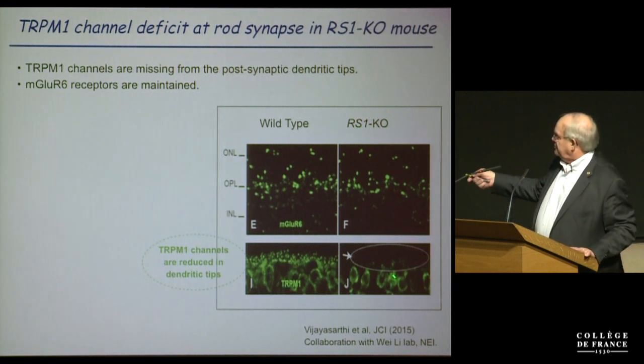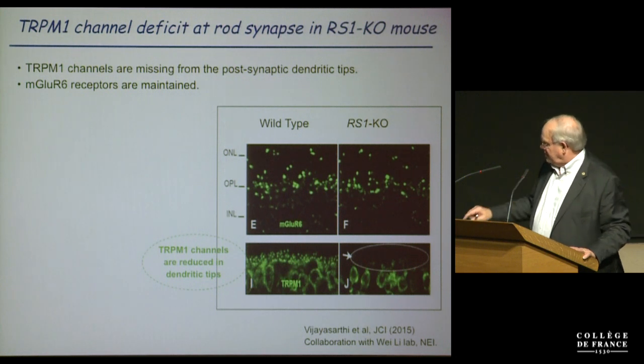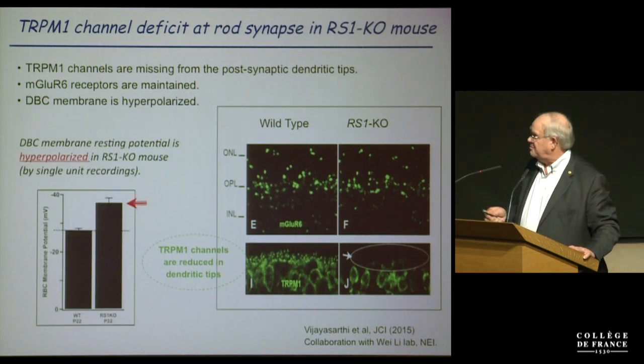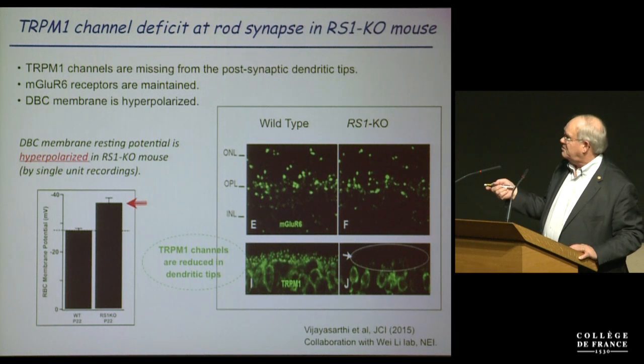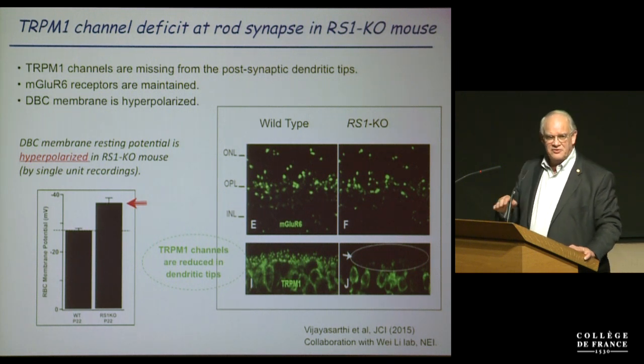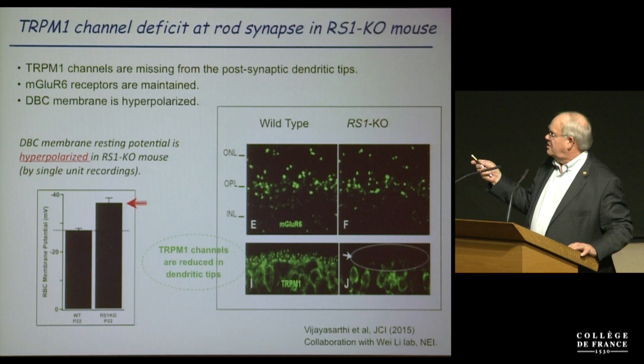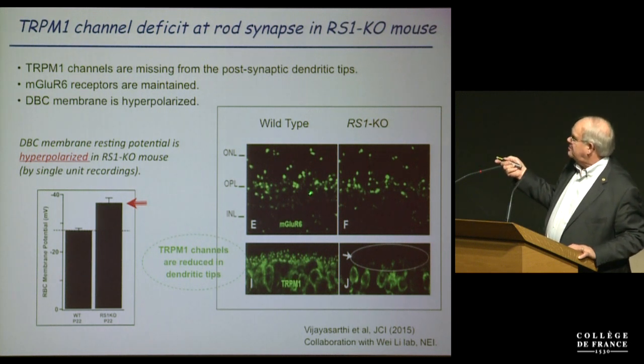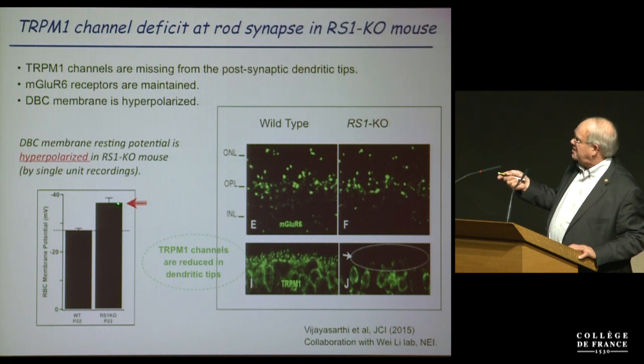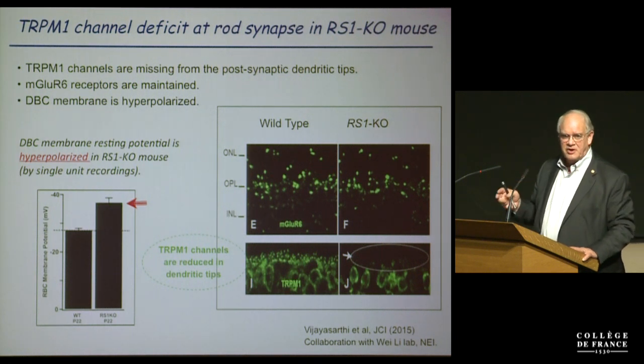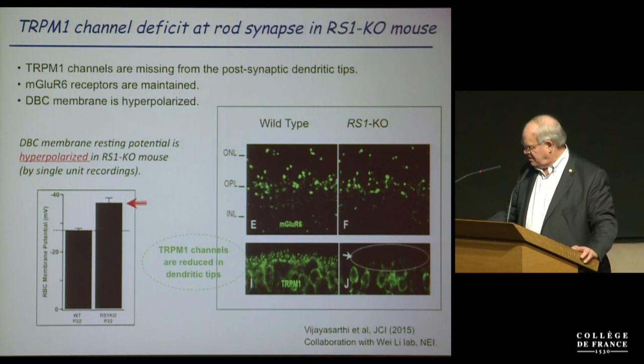This is on the bipolar cell. Here are the bipolar cells. And when we patch clamp the bipolar cells, we see that those cell membranes are hyperpolarized. Here is the normal resting potential, and these cells are hyperpolarized, which means that upon signal transmission from the rod to the bipolar cell, this bipolar cell does not have as much operating range and consequently will have inefficient transmission of visual signals.